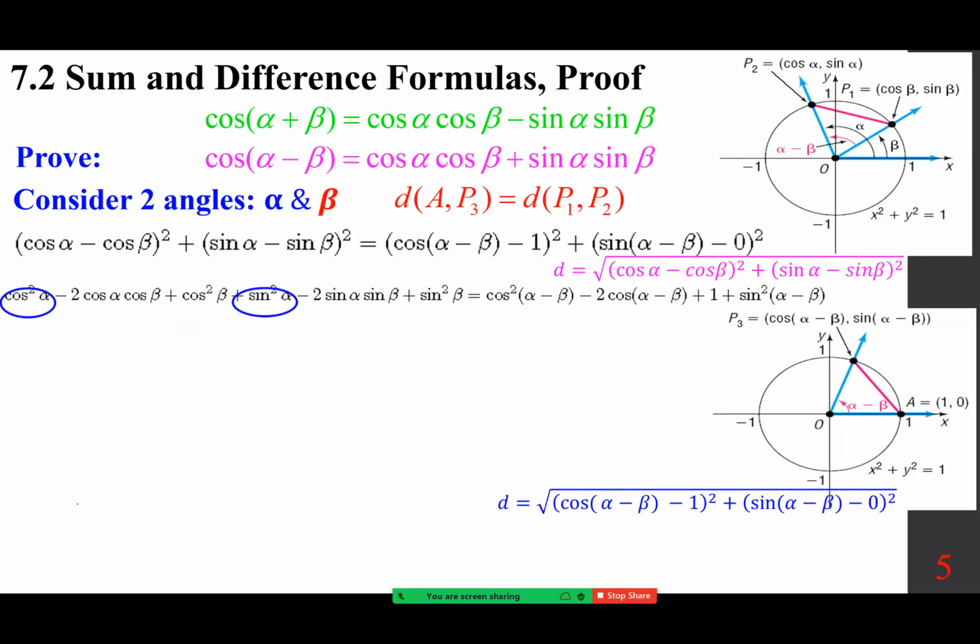Now notice cosine squared alpha and sine squared alpha. We put them together. That gives us 1. Cosine squared beta and sine squared beta, we can put them together. That gives us 1.